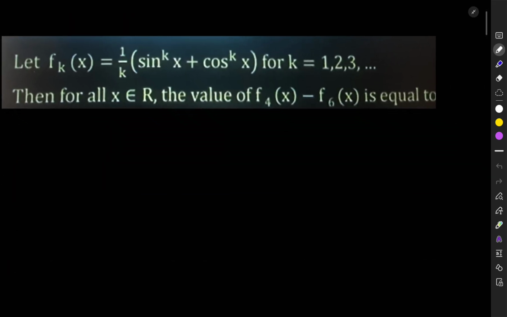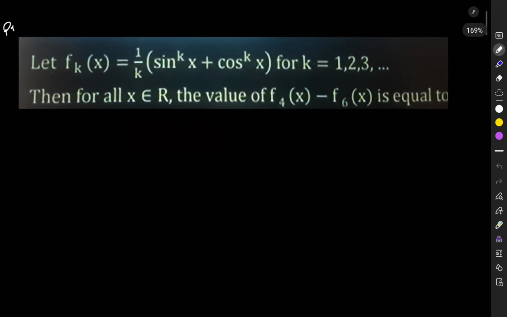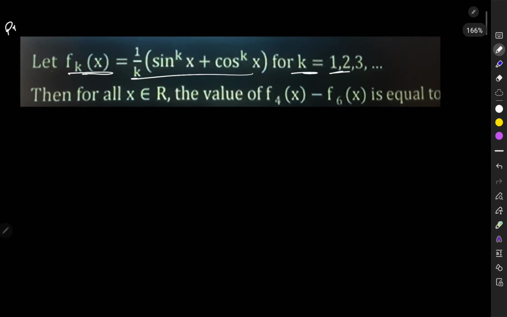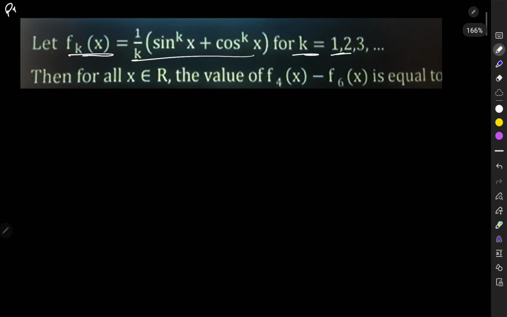So this is our first question. So what does the first question say? f k of x is equal to, it is given, right? So k takes values like 1 to 3. Okay, so now for all x belonging to the real numbers, the value of f4 x minus f6 x they are asking.